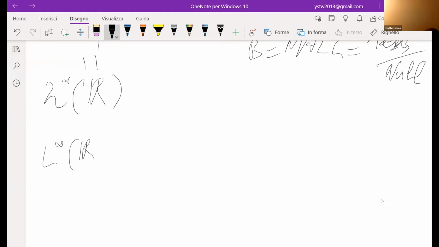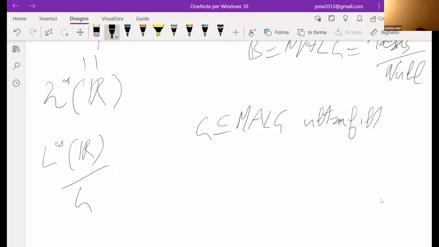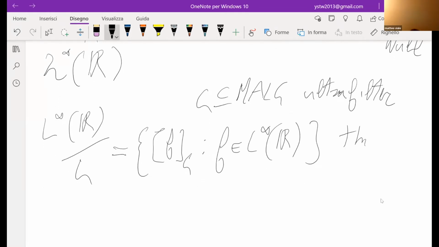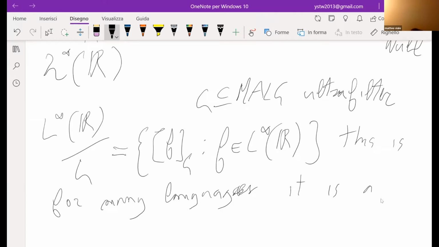If I do L infinity R mod G, with G contained in MALG an ultrafilter, well, then I get the equivalence classes of F in L infinity R, and this can be seen as an elementary extension of R. This holds for many languages, for example, the language I considered in the beginning.